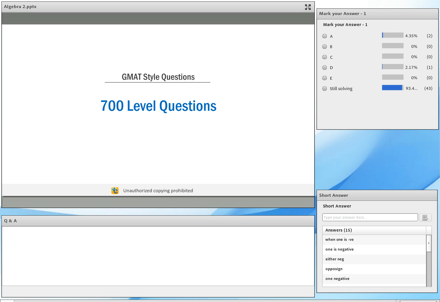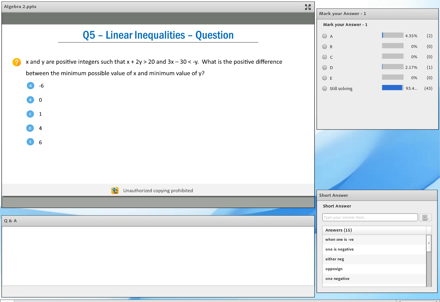Just so you know how many questions we'll be solving in this session, in the interest of time, we'll do one problem solving question, and then we'll go into our data sufficiency questions. We'll do one data sufficiency question, and one data sufficiency question and one problem solving question I will give you as part of homework. Again, detailed solutions are there in the presentation.